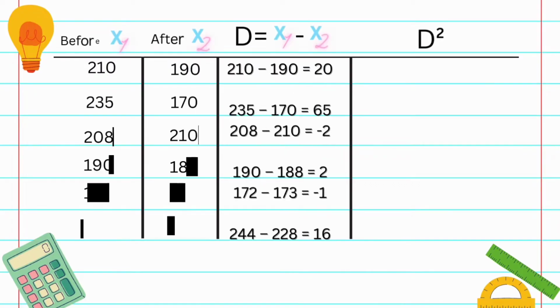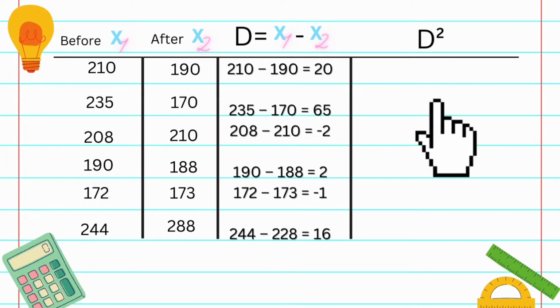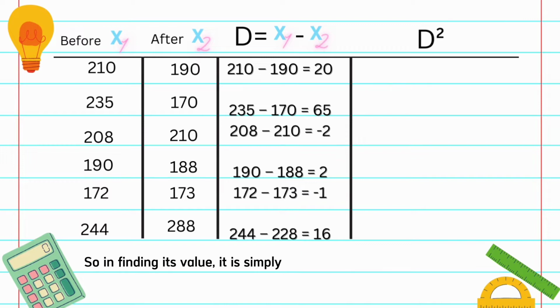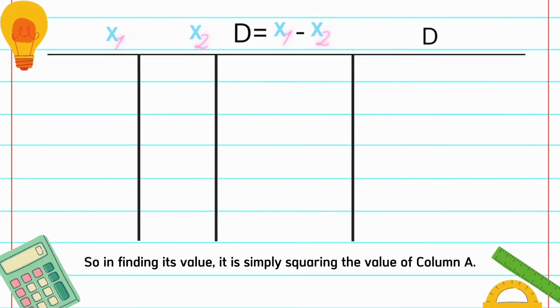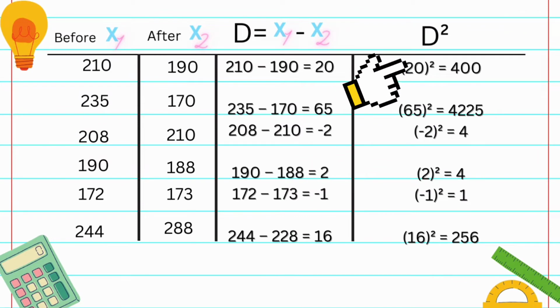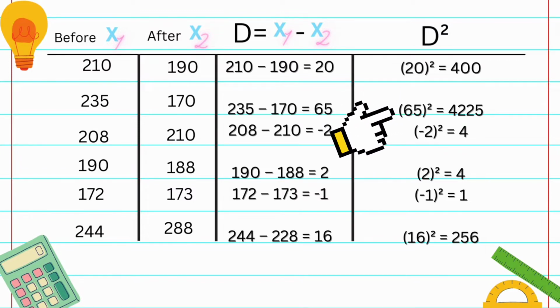Now to complete the table, let's find D squared or column B. In finding its value, it is simply squaring the value of column A. Then we have 20 squared equals 400. 65 squared equals 4,225.